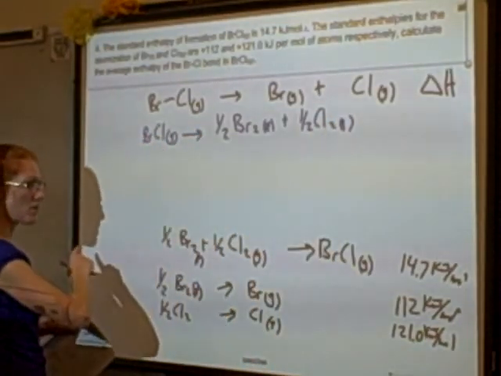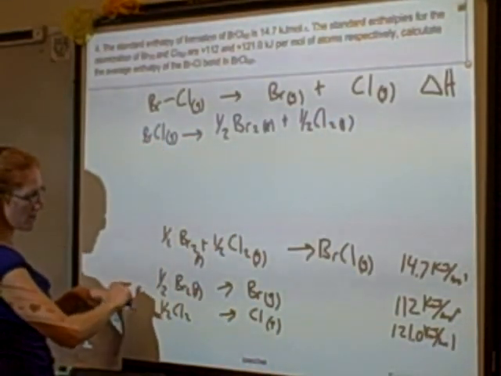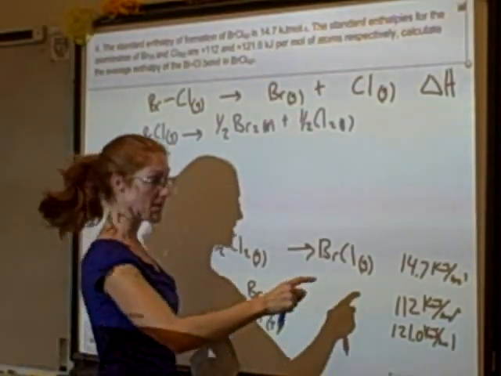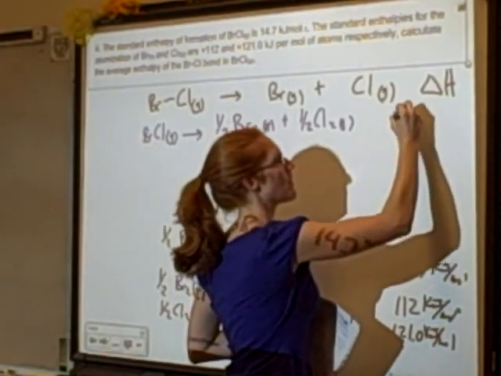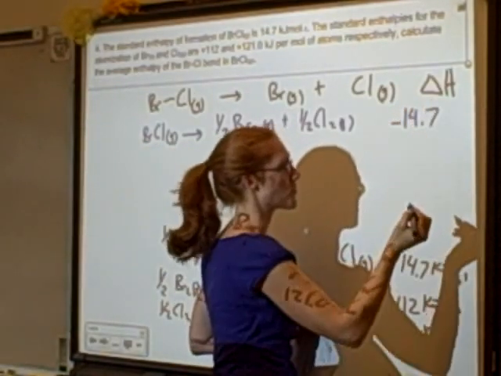I just took this one and flipped it, so I'm going to take this positive 14.7 that I was given and flip the sign. So it'll be a negative 14.7 kilojoules per mole.